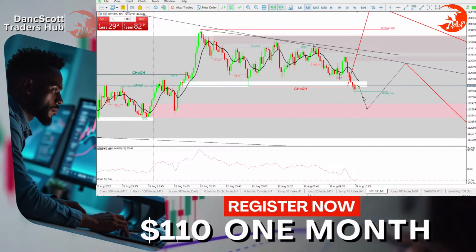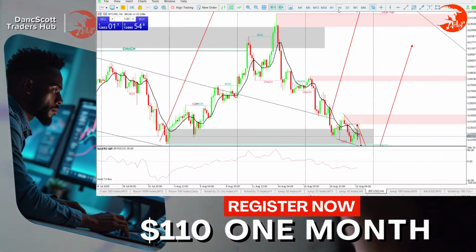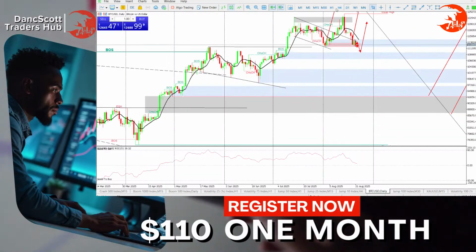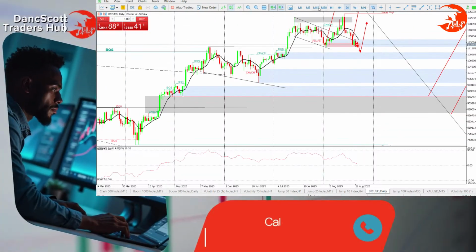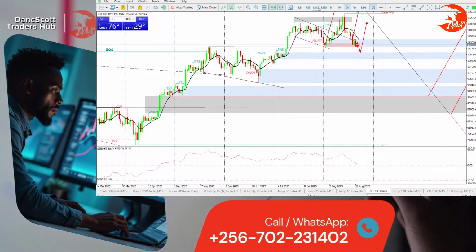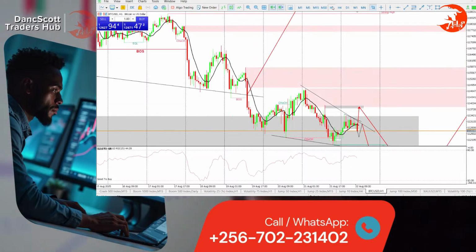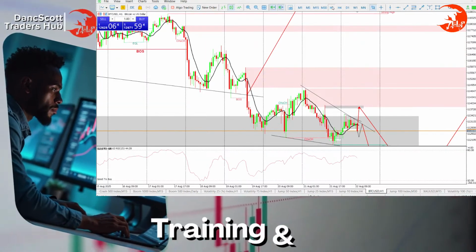So just a recap, I've showed you we are looking for sells both on H4 and daily time frame on this asset BTC. But now if we come to H1 and M15, it's still looking for some buys.